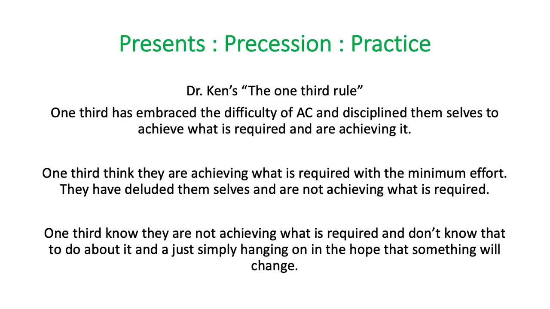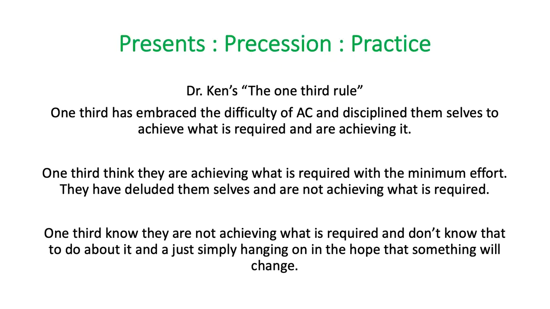So finally, this is Dr. Ken's 1/3 rule, and I find this, like I said, I've been teaching AC for 25 plus years, and this is what I find. 1/3 of my class embraces the difficulty of AC and have disciplined themselves to achieve what is required, and they're achieving it.